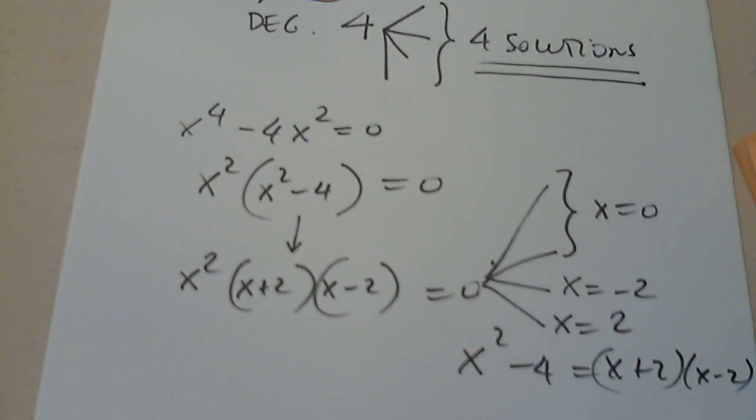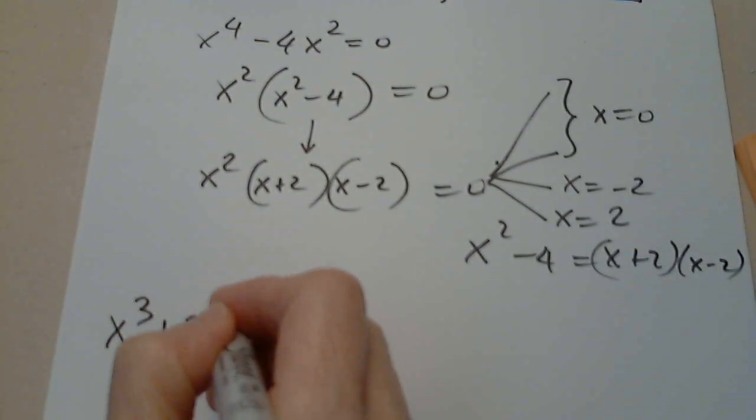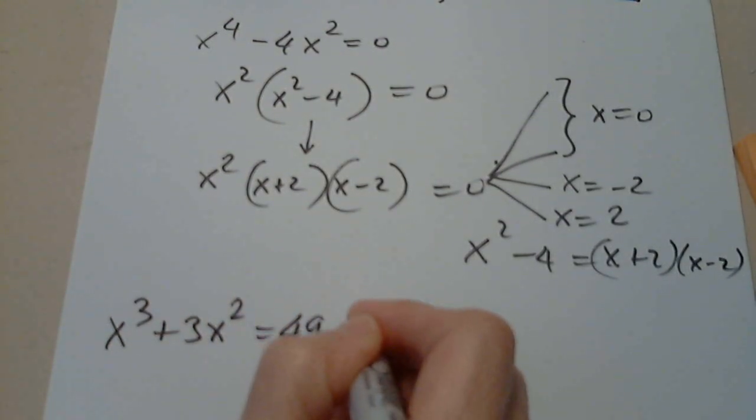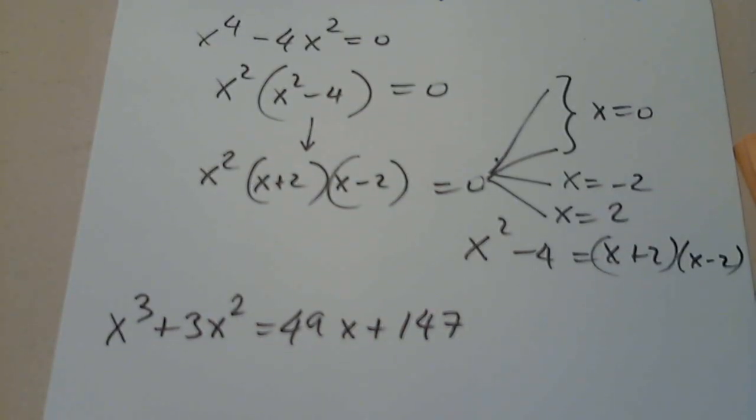Okay, so let's work on this problem. So here we have x to the 3rd plus 3x squared equals 49x plus 147. What will be the very first step we need to perform here, without which we cannot continue?